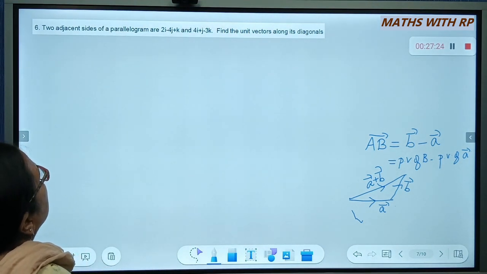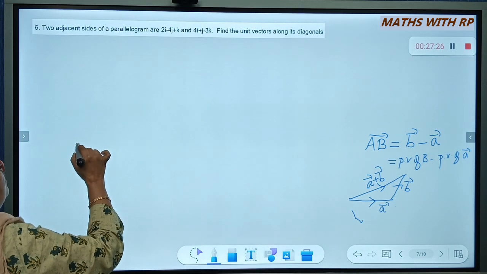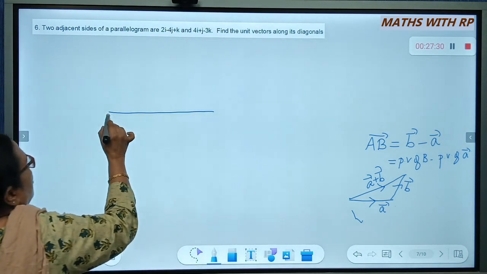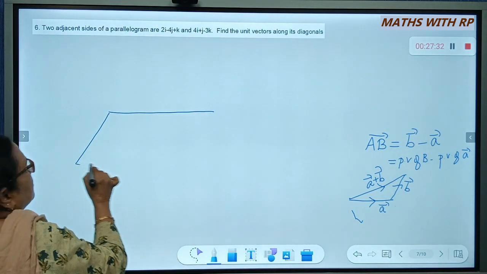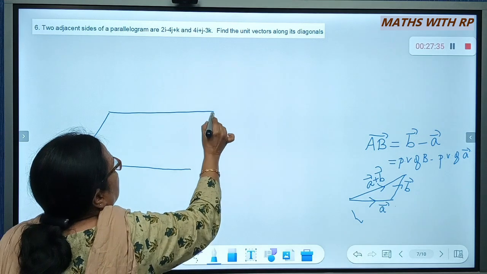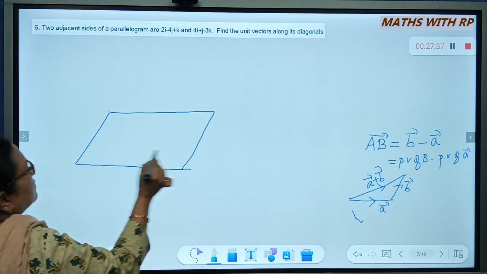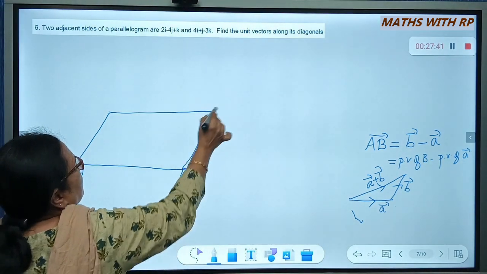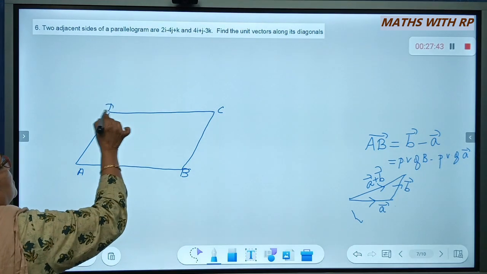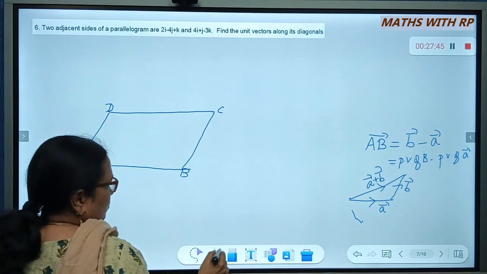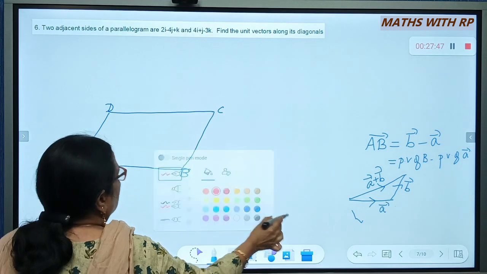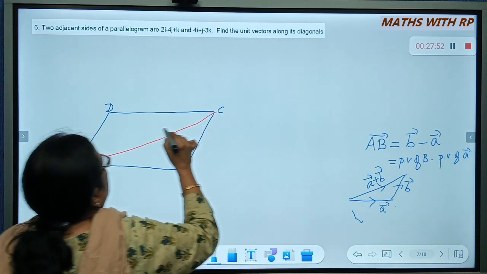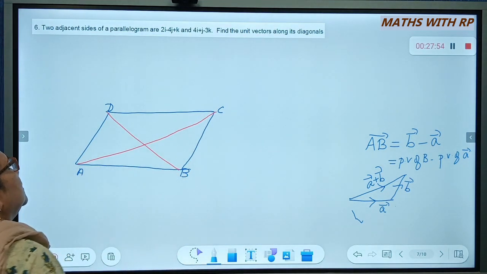So two adjacent sides of a parallelogram are given and you have to find unit vectors along the diagonals. So let me draw a parallelogram. I hope it looks like a parallelogram. Okay, now let me draw one diagonal and the other diagonal.